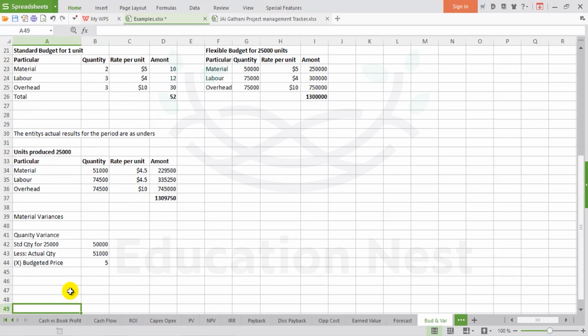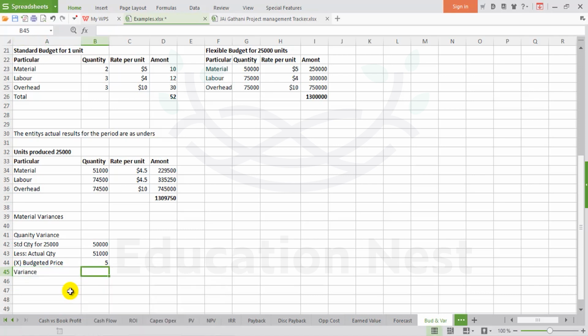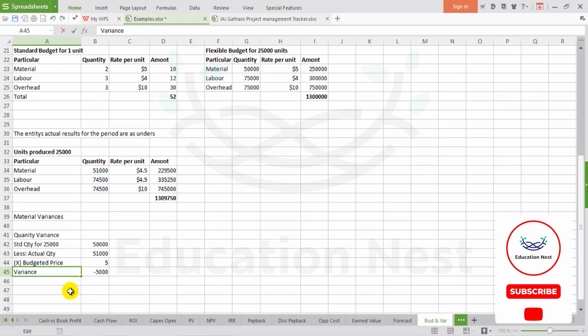Have some patience for it. That's it. So your variance is going to be how much? 1,000 negative, that is 5,000 unfavorable variance. It's going to be unfavorable.